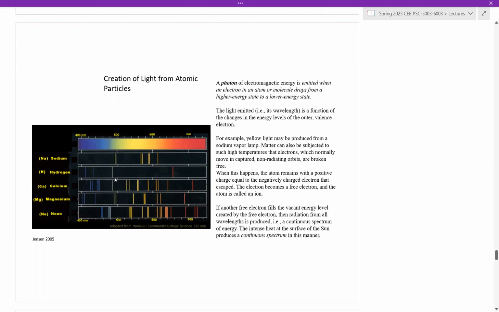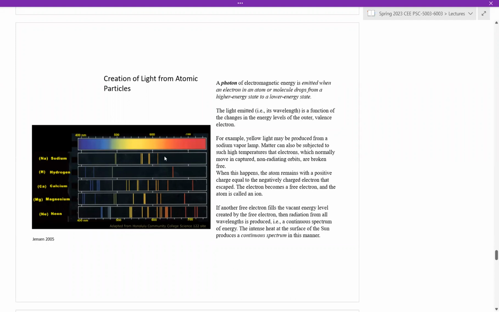The same happens with hydrogen. We have the 400, 500, 600, 700. So neon will produce the white light that we get, the fluorescent light. It's producing photons in the blue region, in the green, yellowish, and red. So the mix of all of them produces that white color.